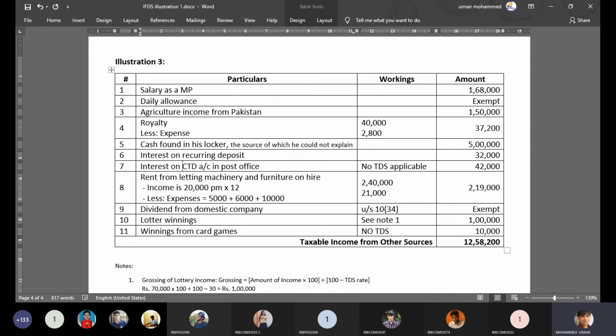Another important assumption is that we do grossing, that means we add back the TDS, only if the word net is mentioned. Otherwise, don't do grossing. This is the assumption we are following across all the sections A, B, C, D, E. All the teachers have decided on this so that we can avoid confusion in the examination.